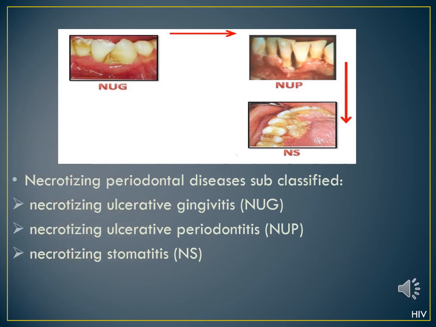And the last periodontal lesion under oral manifestation for HIV is necrotizing periodontal diseases, which is subclassified as necrotizing ulcerative gingivitis, NUG, necrotizing ulcerative periodontitis, NUP, and also necrotizing stomatitis, NS.